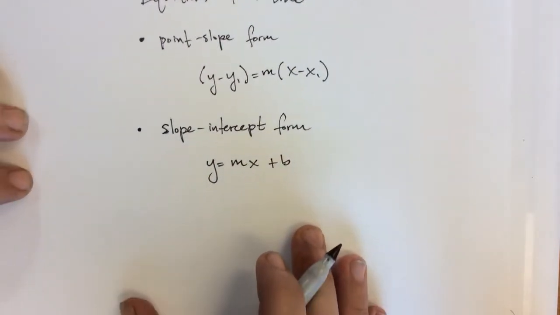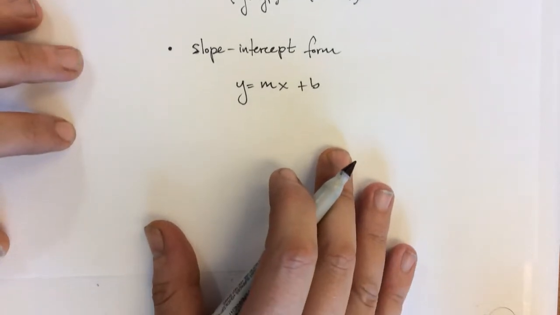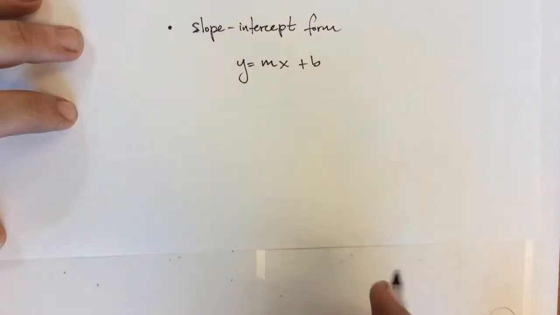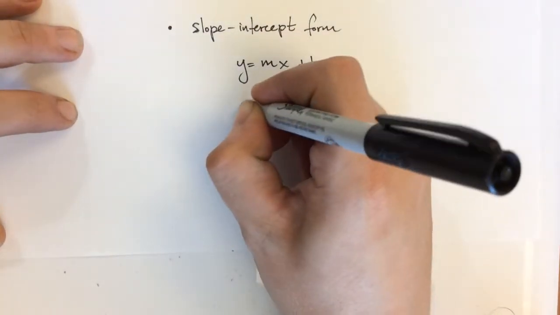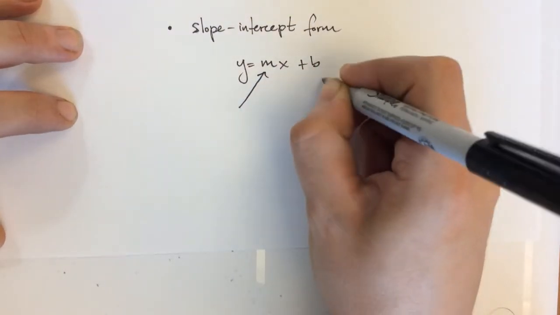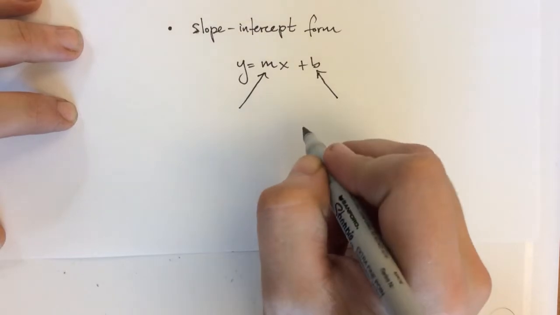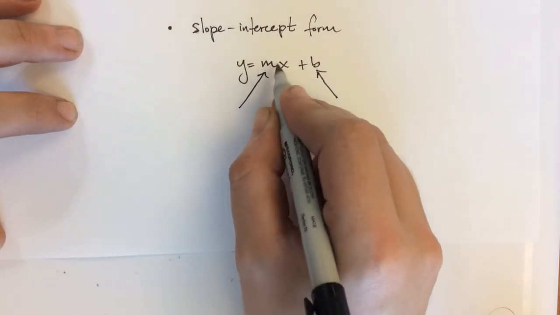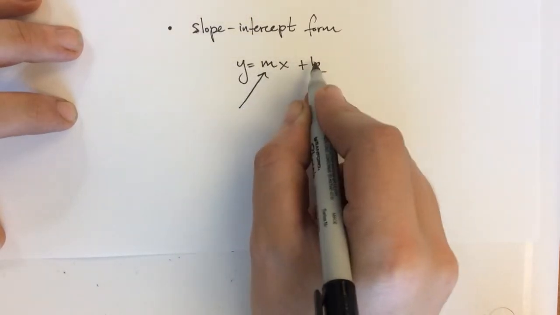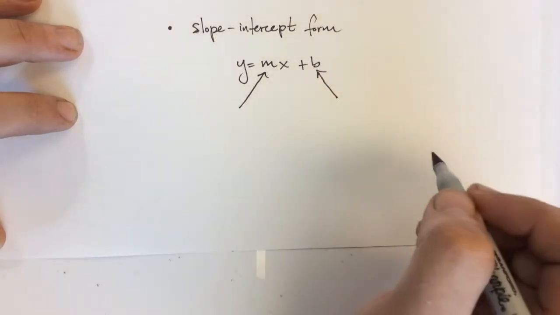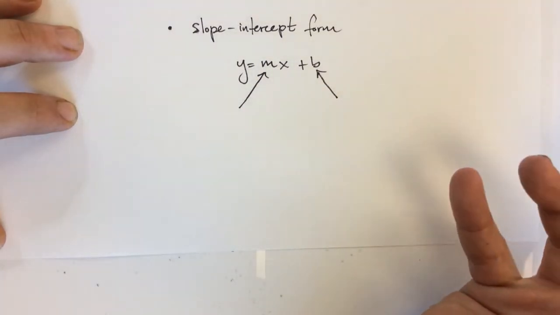Okay, so here's the slope-intercept form. We might call it y equals mx plus b form. In it we have our variables x and y, and we have these values m and b that represent certain aspects of the line.